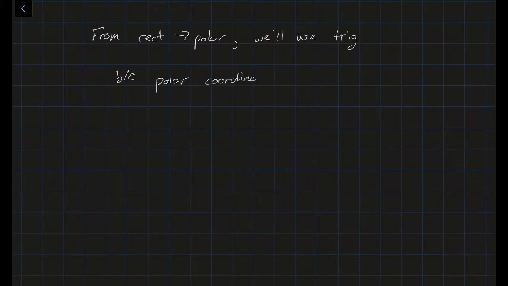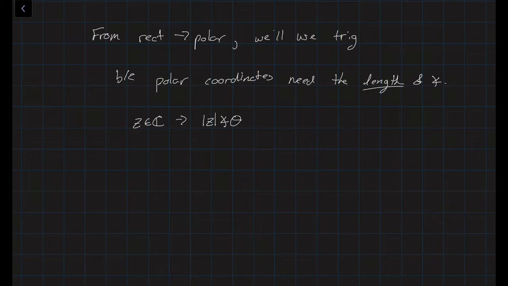Now to convert from rectangular to polar coordinates, or from polar to rectangular coordinates, we have to find an angle and we have to find the length of that line created from the origin to our complex number. So we're going to have to use some basic trigonometry. We can represent a polar coordinate by its angle and its length.